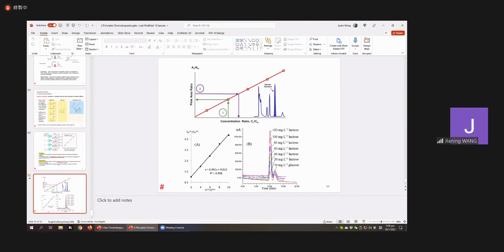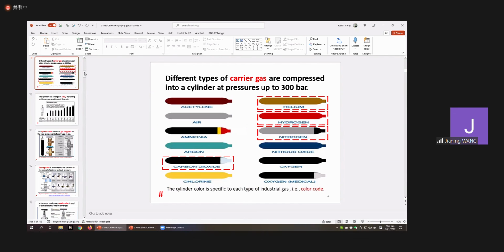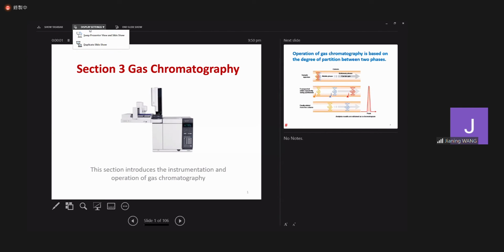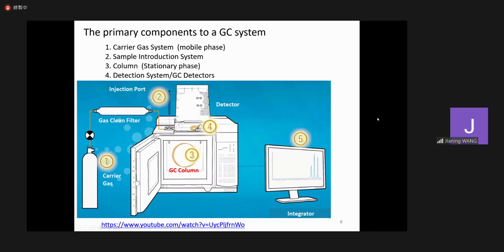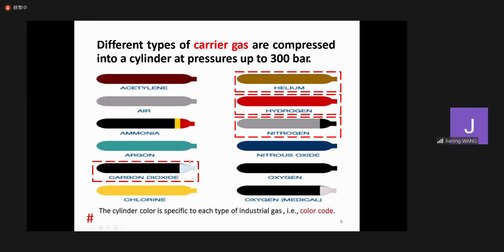Okay, I will take one more minute to go through part 3. For GC, you don't need to focus on the details of the instrumentation, so I put many pounds here.